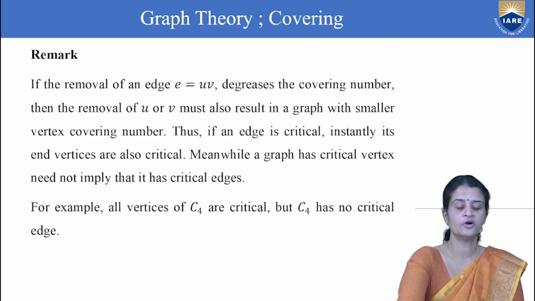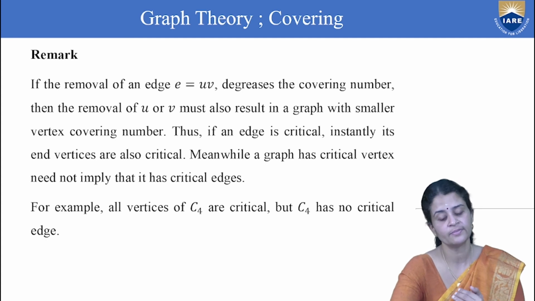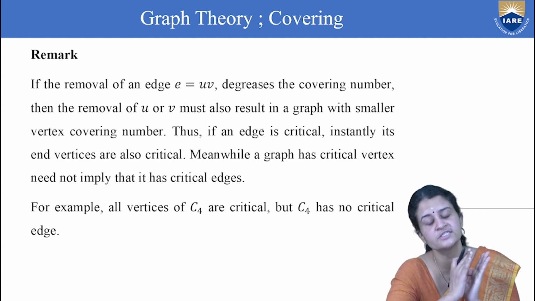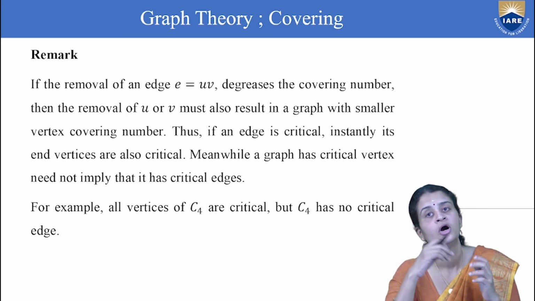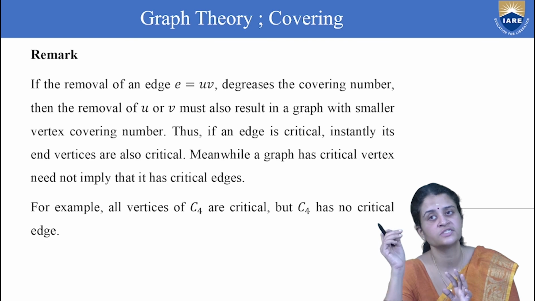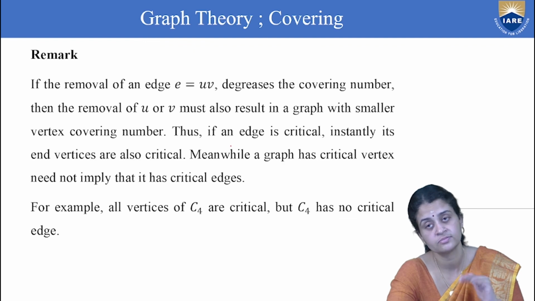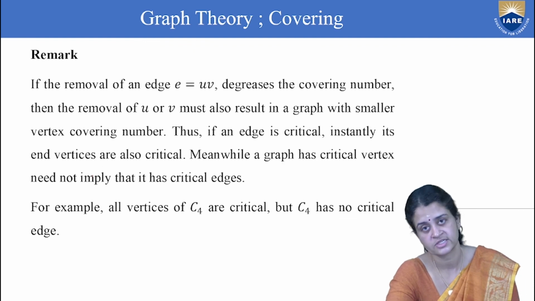If the removal of the edge e, which is incident with vertices u and v, decreases the covering number, then the removal of u or v must also result in a graph with smaller vertex covering number. Thus, this is an important remark: if a graph is edge critical, surely it will be vertex critical also.